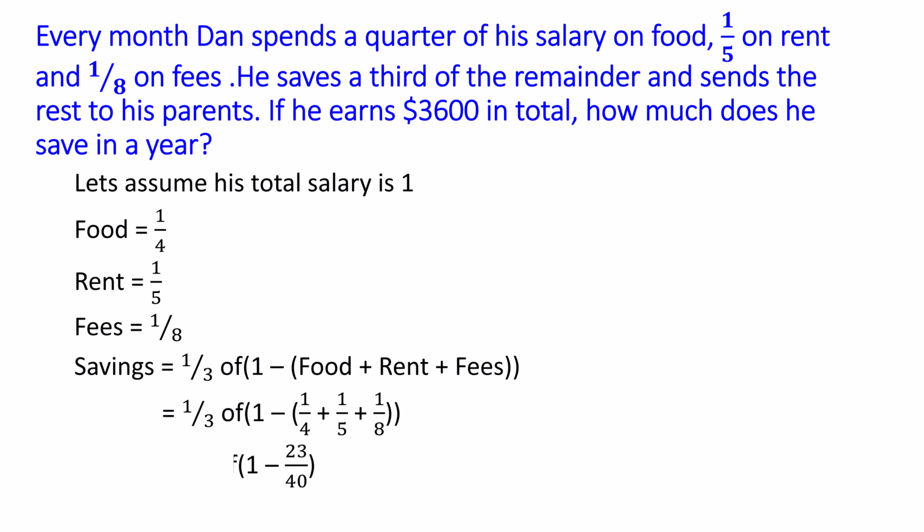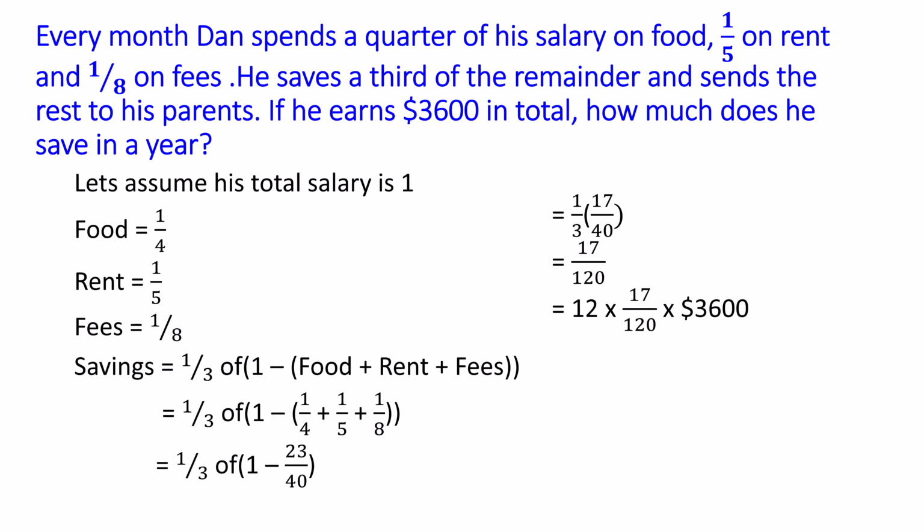And that, of course, is a third of 1 minus a quarter plus a fifth plus 1/8, which is a third of 1 minus 23/40, which, of course, is a third of 17/40, which is 17/120. And in a year, this will be multiplied by 12. So 12 times 17/120, of course, of $3,600. And that will give us $4,080.